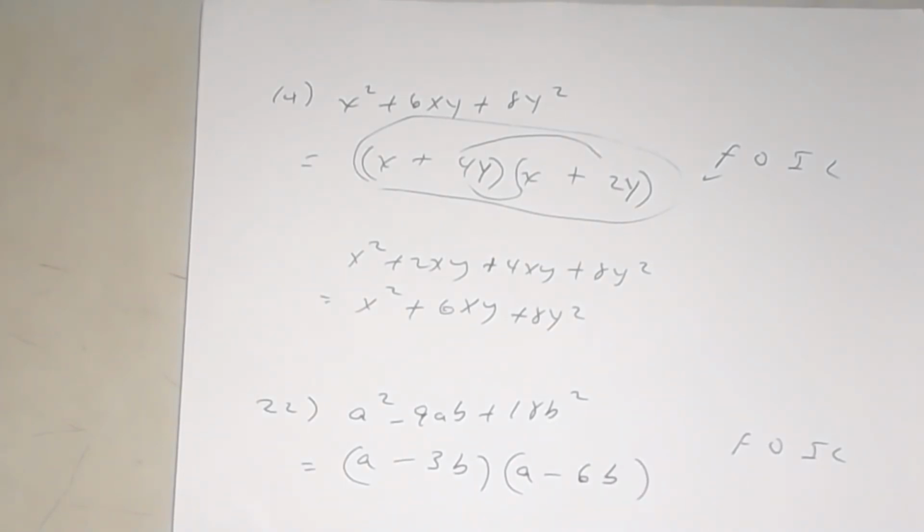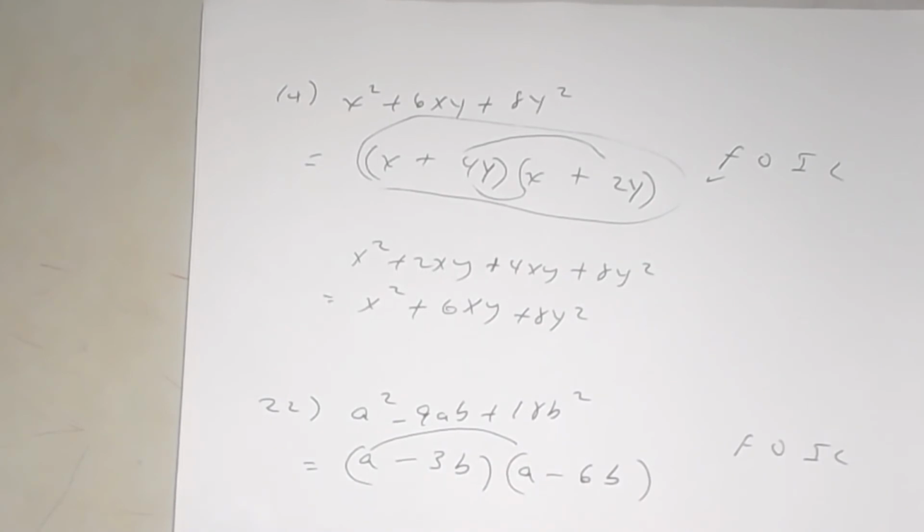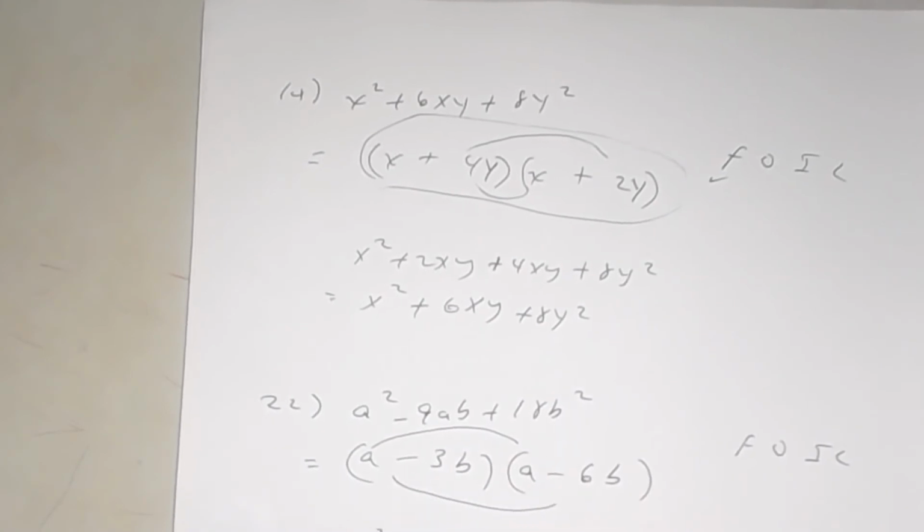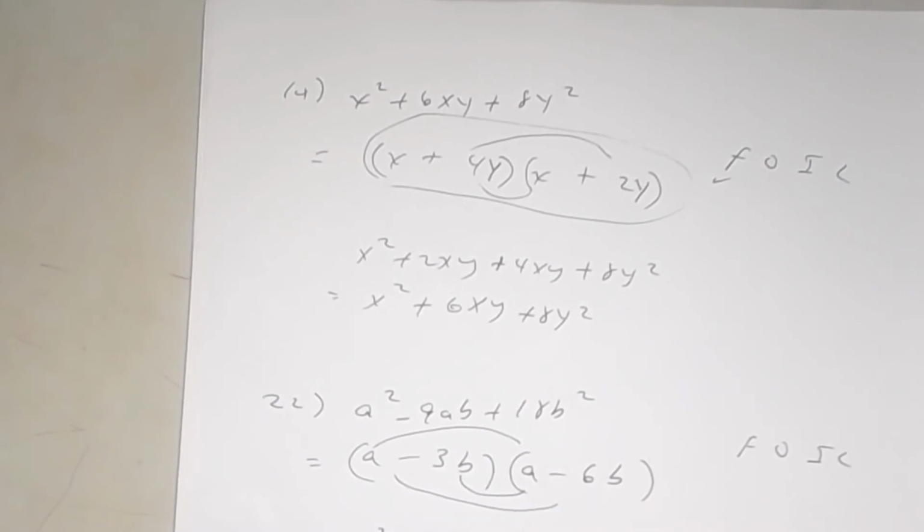All right, let's check. a times a is a squared. The outer, negative 6ab. Inner, negative 3ab.